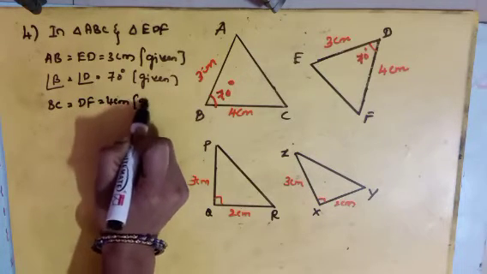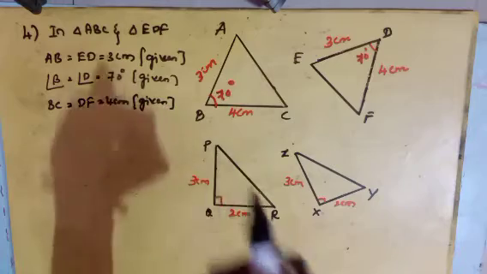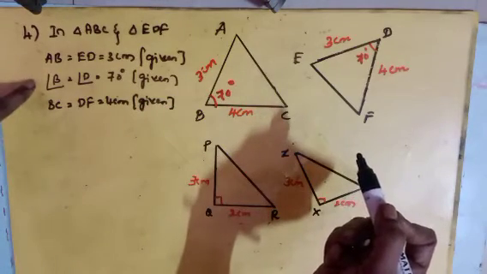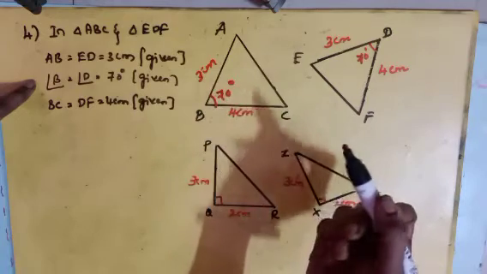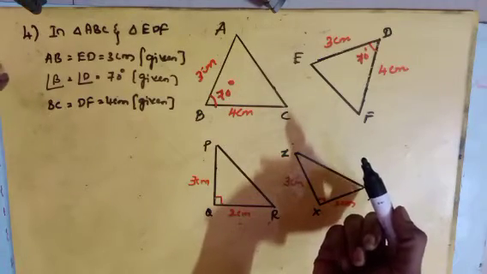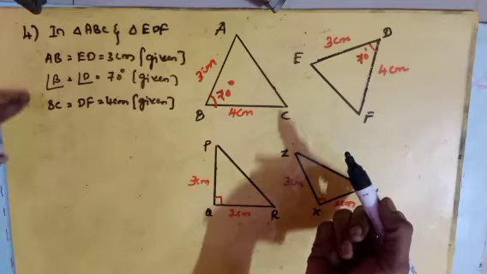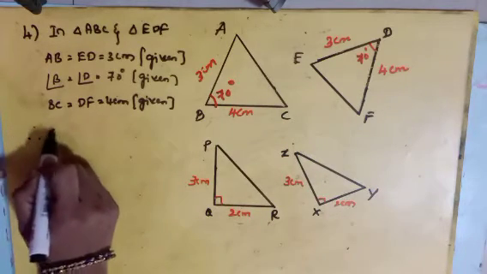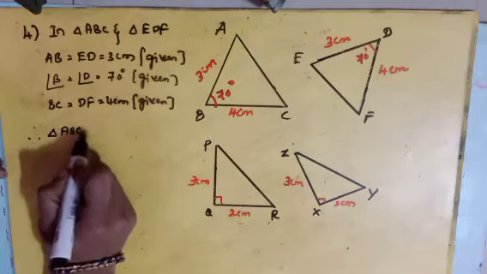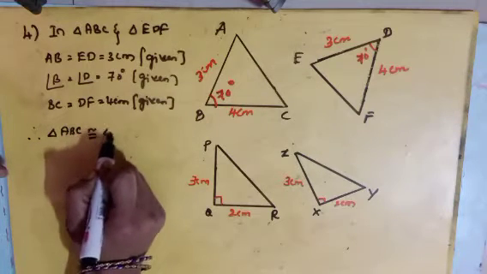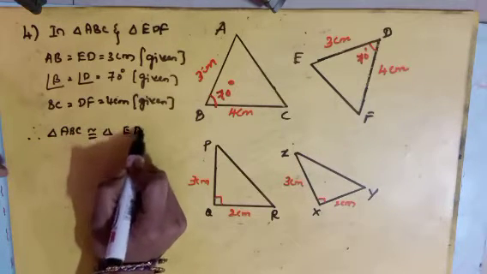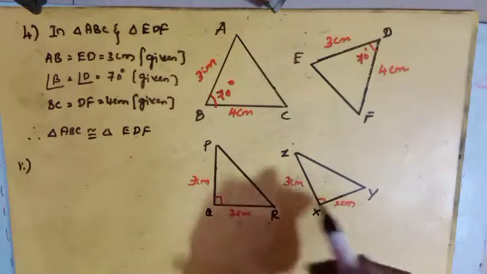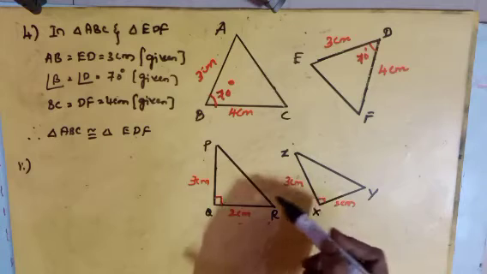It is also given. So according to SAS congruency condition, two sides and one included angle should be equal to the corresponding two sides and included angle. So we got here two sides and one included angle. Therefore, triangle ABC is congruent to triangle EDF.